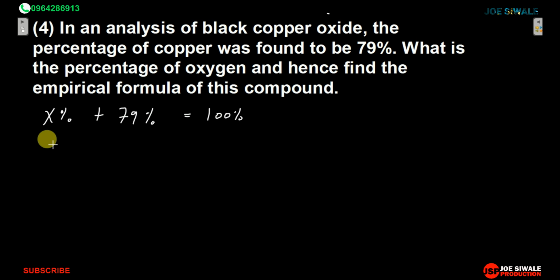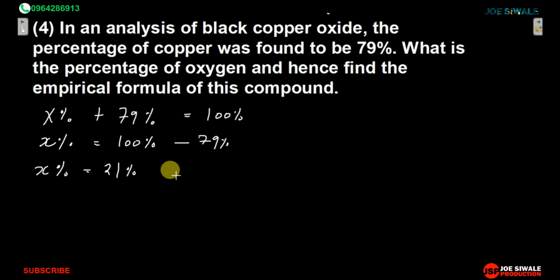So we can say our X% is equal to 100% minus 79%. So our X%, which is that of oxygen, 100 minus 79, we're going to have 21%.